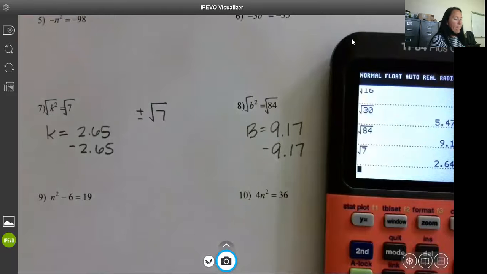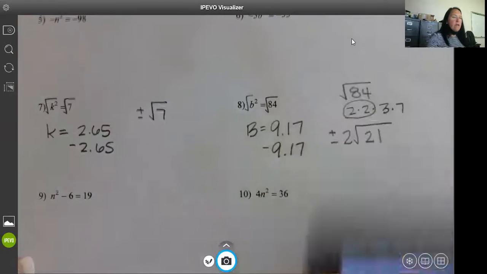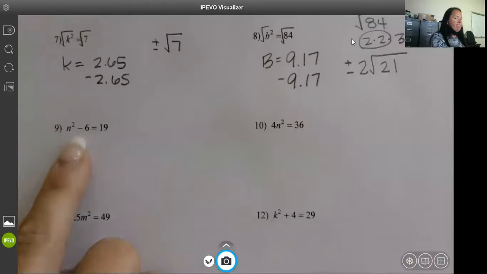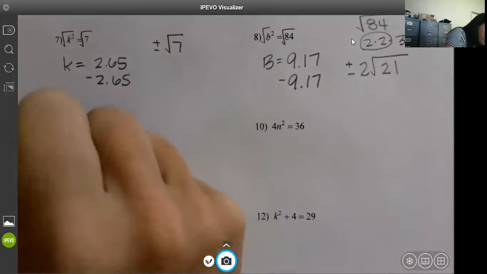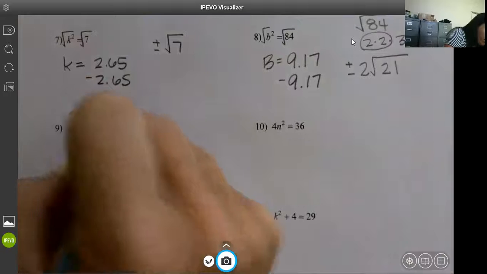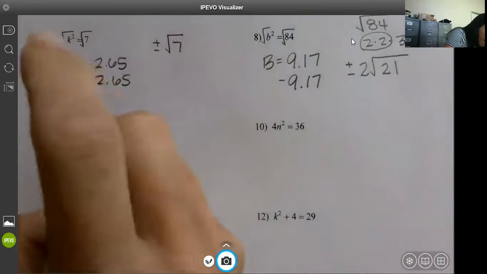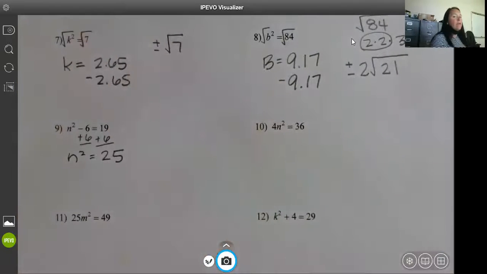All right. I'm going to look at number 9 because we've already done one kind of like number 9. How do I get this n squared by itself? Add the 6. We get n squared equals 25. 19 plus 6 is 25.